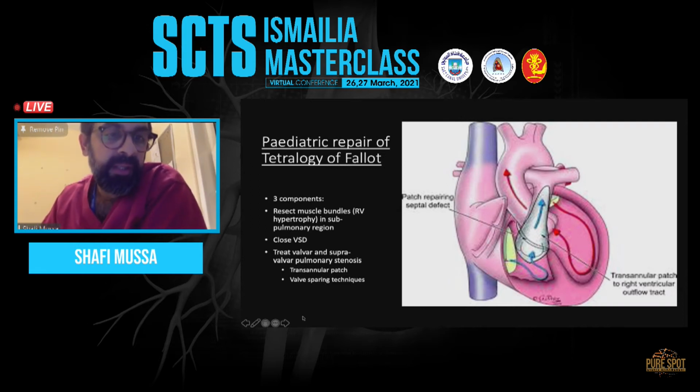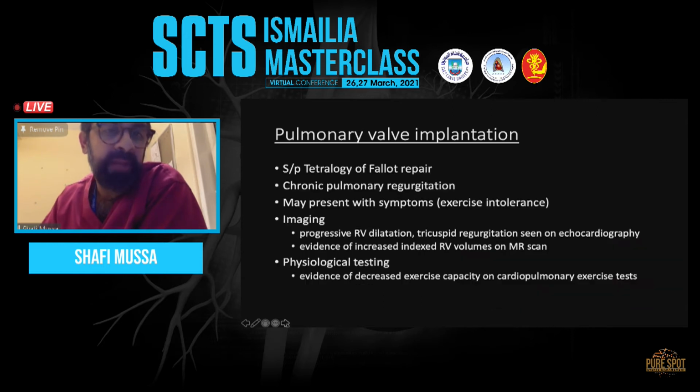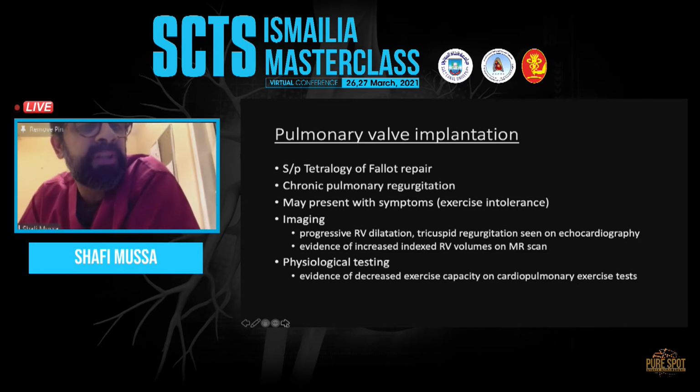So if the patient has undergone a tetralogy of Fallot repair with a transannular patch and they no longer have a pulmonary valve, they will be subject to chronic pulmonary regurgitation. Over time, they may present with symptoms which will chiefly be exercise intolerance. So it is important to examine the imaging carefully.